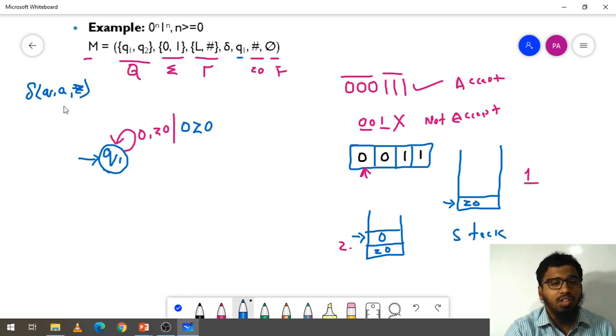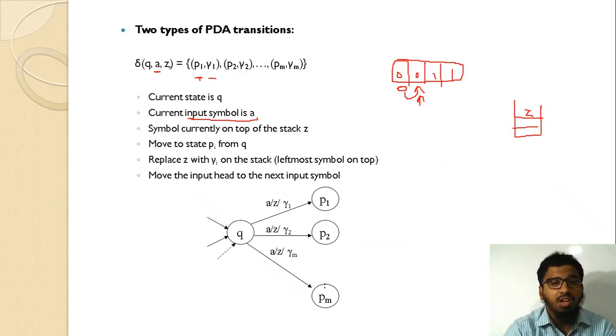What is Q? Q is Q1. What is A? A is 0, whatever the input is. Then what is Z? Z is whatever is available in the stack, that is Z0. So what answer are we getting here? P1 comma Y1.